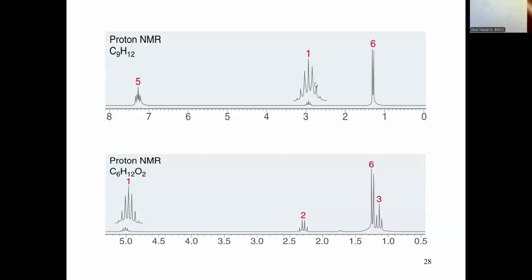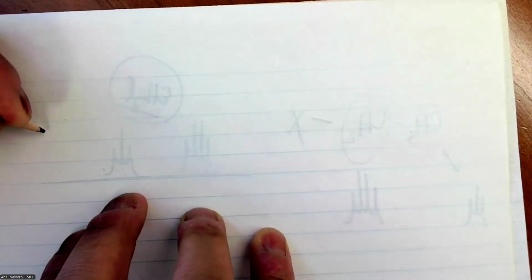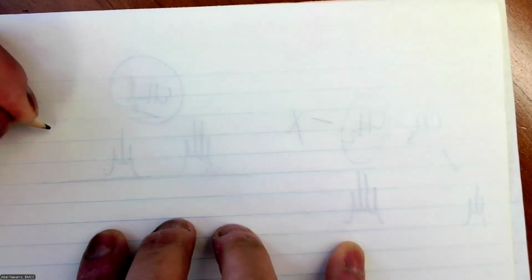Okay, so next on the slides, we have the NMR analysis. But before we do NMR analysis, let's do NMR sketching. It would definitely help you a lot to understand how to interpret a spectrum. Let's say that they ask me to draw the NMR spectra for this compound.